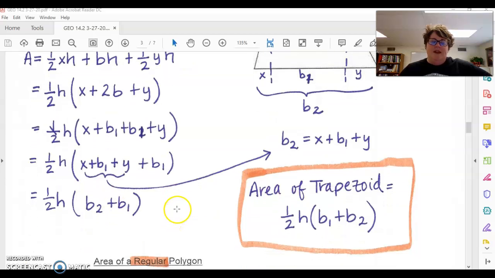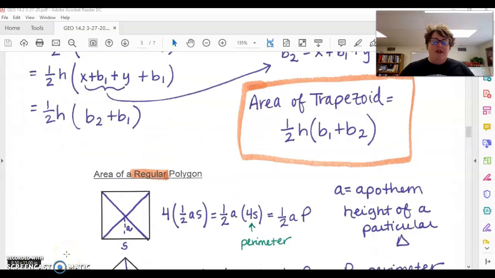And so I get my final area of a trapezoid as 1/2 height times base 1 plus base 2. Okay, so my area of a trapezoid, that's where that's coming from.